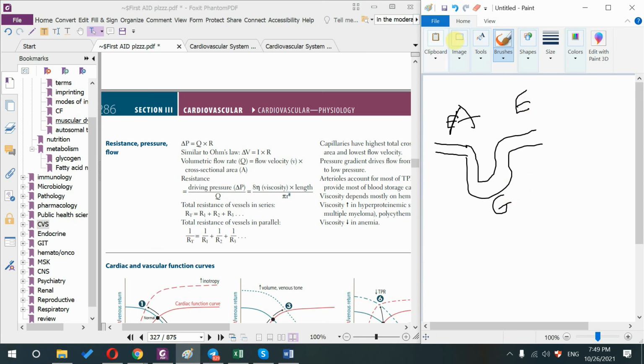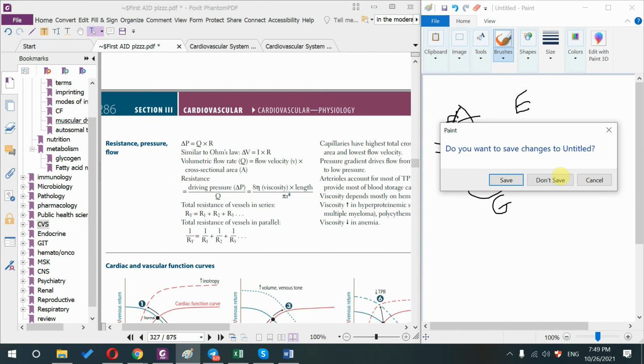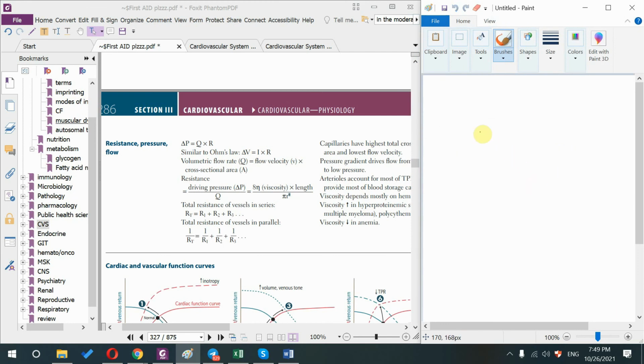But if the question was about multiple organs connected together, let's say I tell you to calculate for me, and I hope you have pen and paper, the total peripheral resistance of the heart, liver, and kidney.